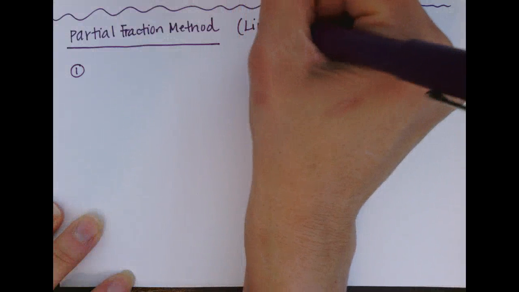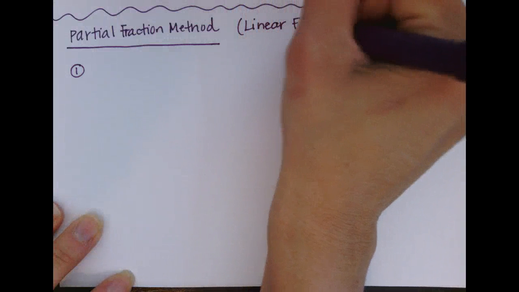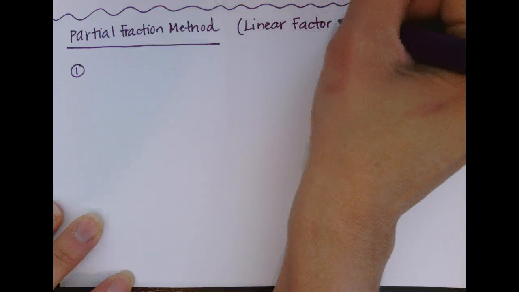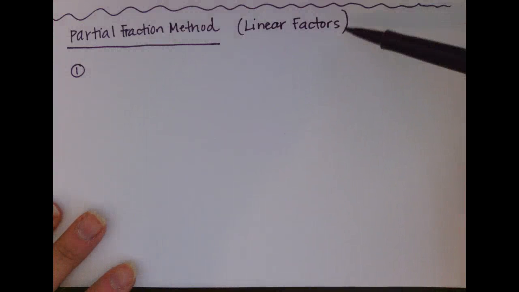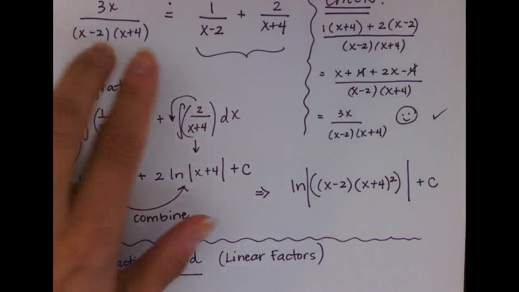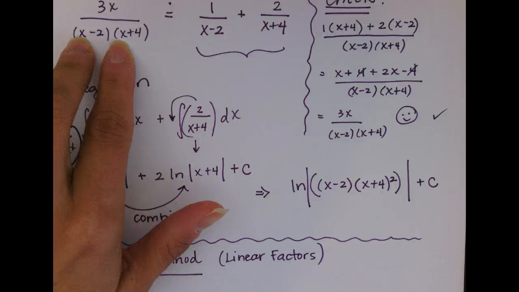So the first thing you should do, by the way, I should clarify that this process is going to be aimed at linear factors in the denominator only. So in our previous example, our factors of our denominator were both x to the first power.